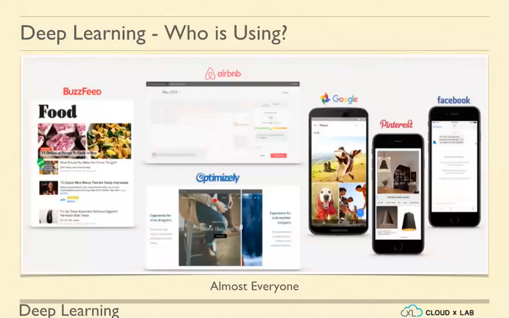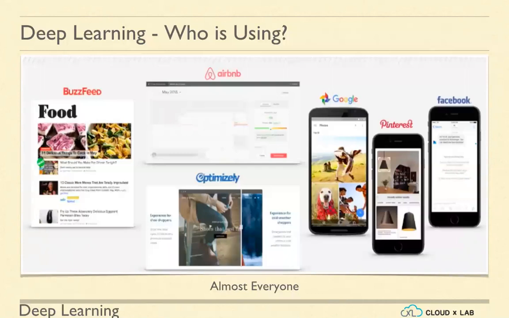Deep learning is being used by almost every company today, whether we talk about BuzzFeed coming up with your favorite food and various titles for the blog, or Airbnb coming up with the various hotel prices and so on.